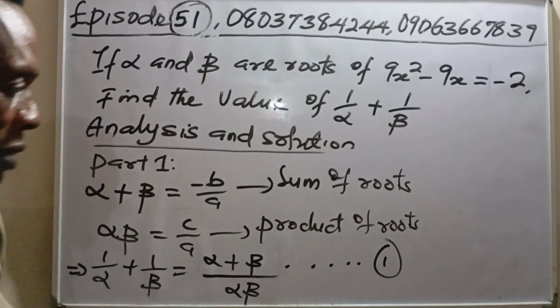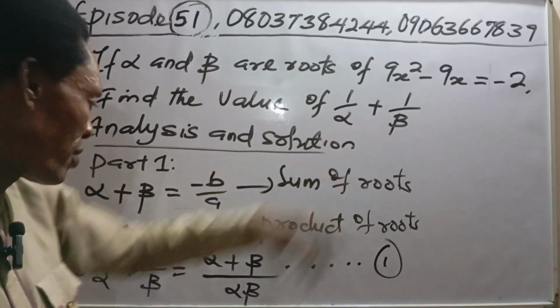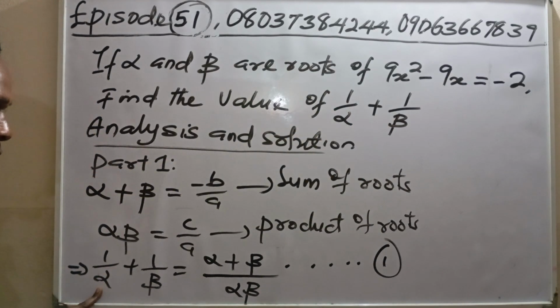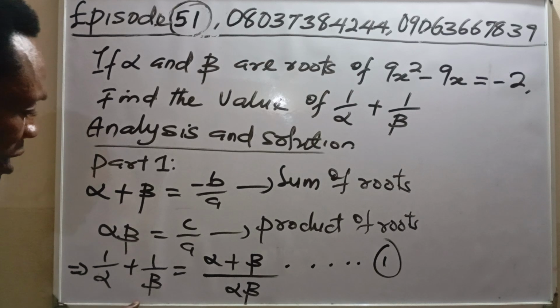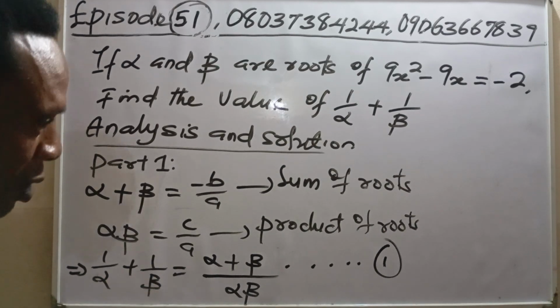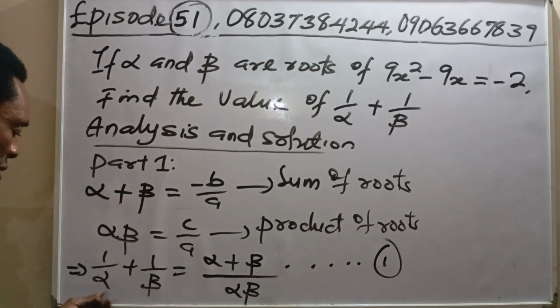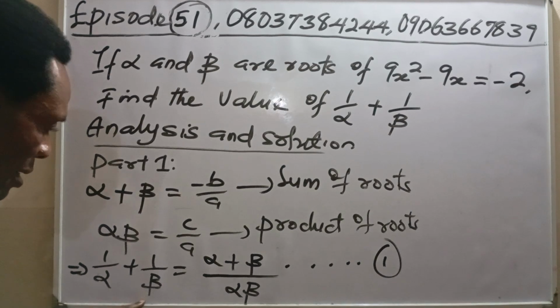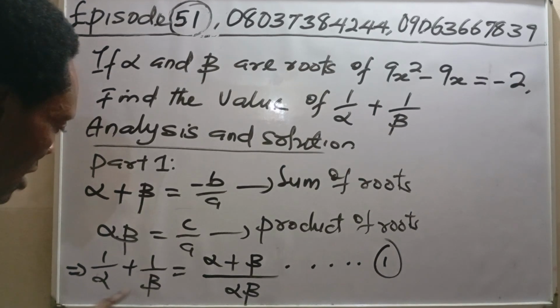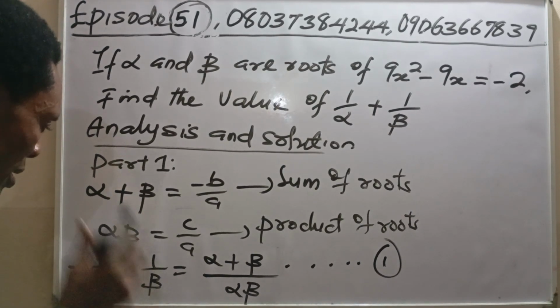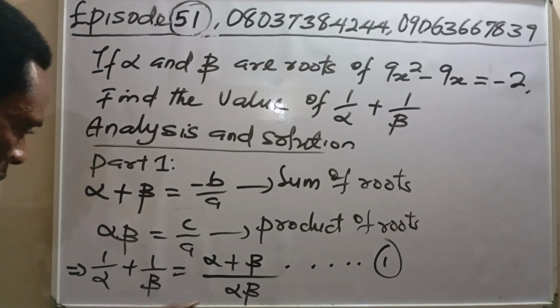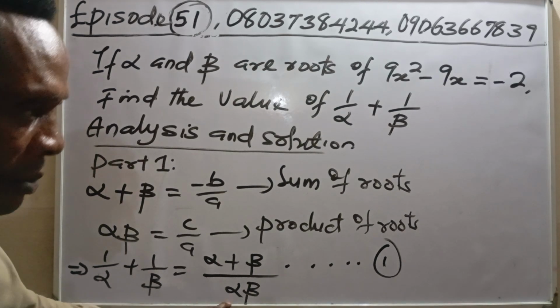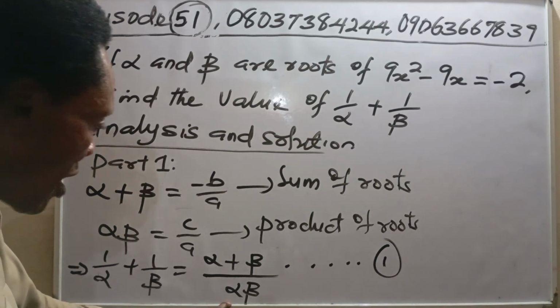But this is the question given: the reciprocal of alpha plus the reciprocal of beta equals, so you look for the LCM of alpha and beta, which serves as your denominator.